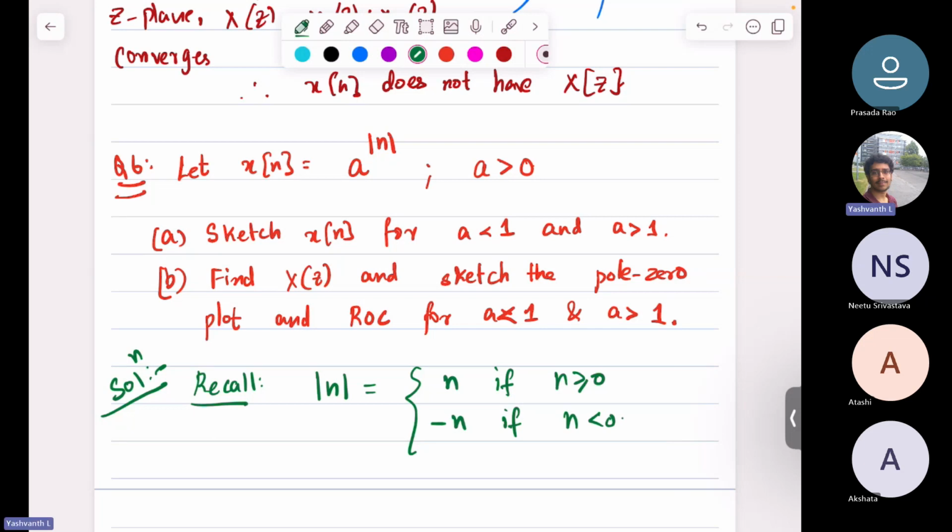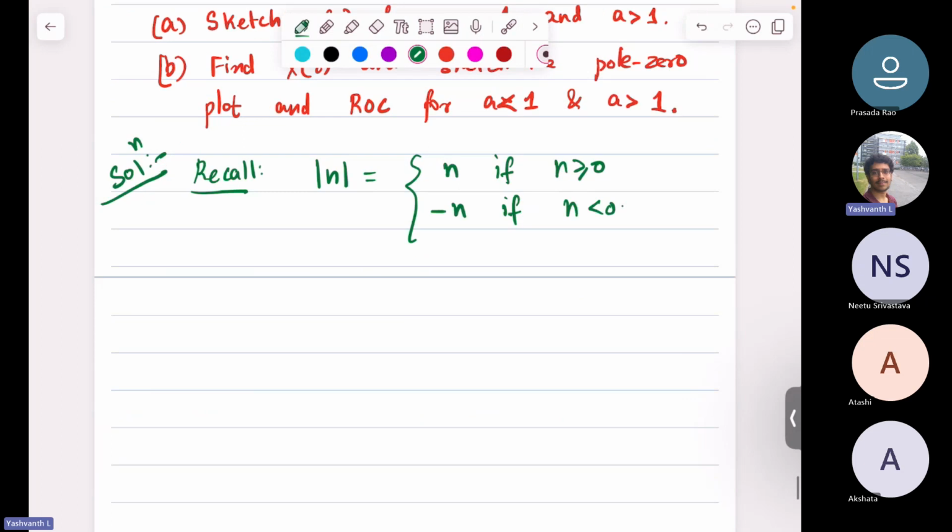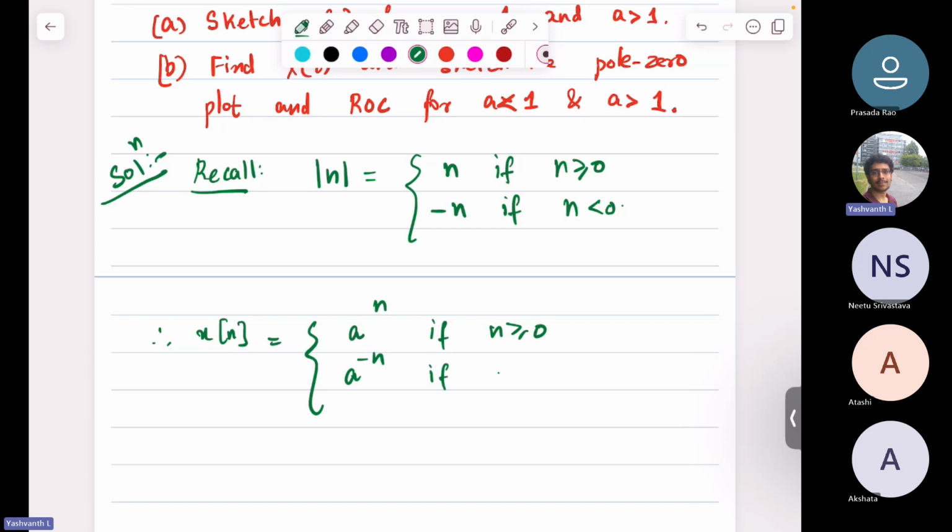So this is the first observation. Therefore, x of n equals a power n if n is greater than or equal to 0, and a power minus n if n is less than 0.